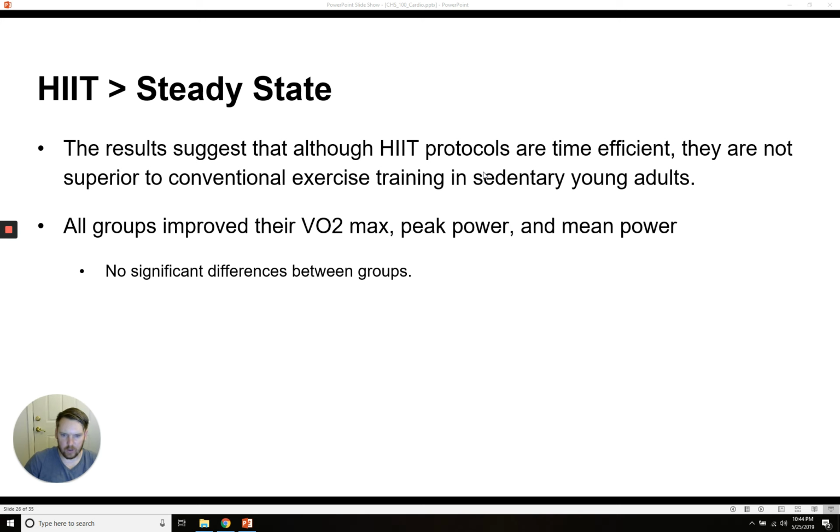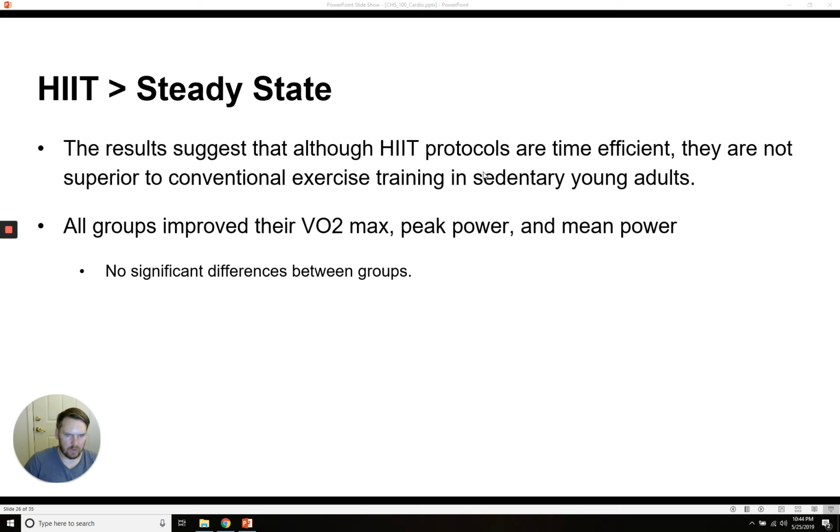Essentially, it didn't matter which training style they did. Keeping in mind, though, that these were sedentary college adults, things could be a little bit different if you're like a highly trained athlete. So just keep that in mind.